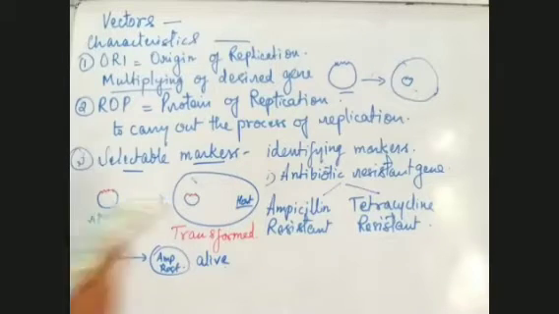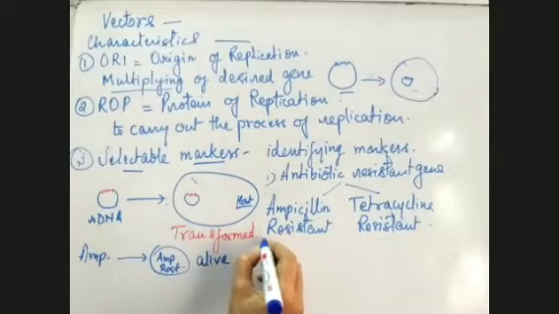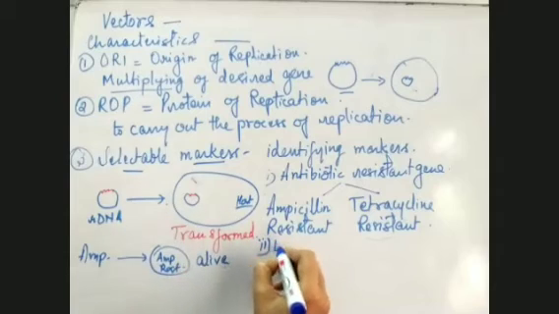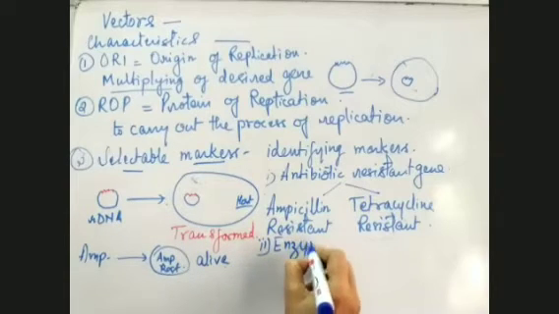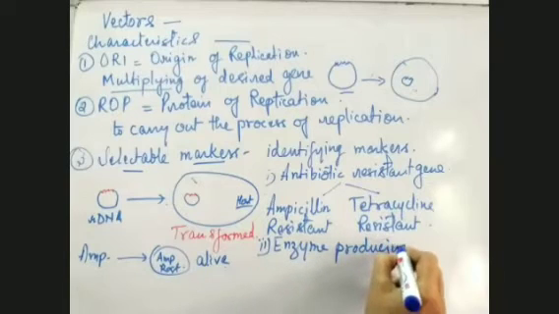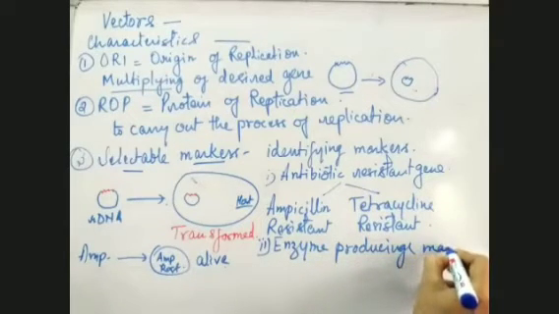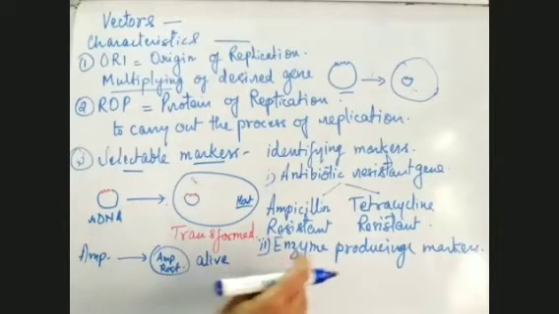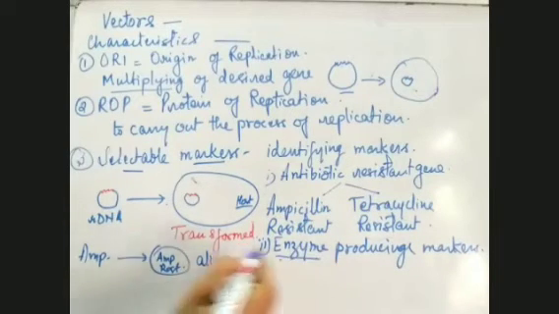And the second type of marker, as I told you, is the enzyme producing gene or marker.